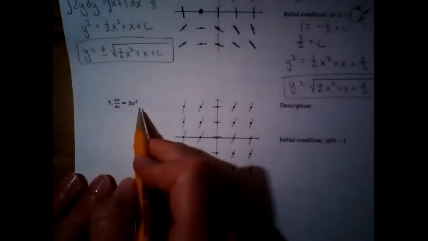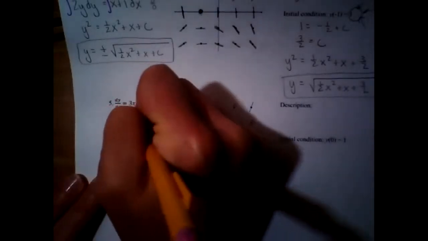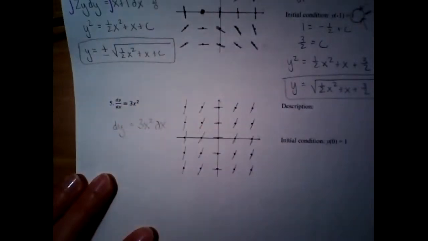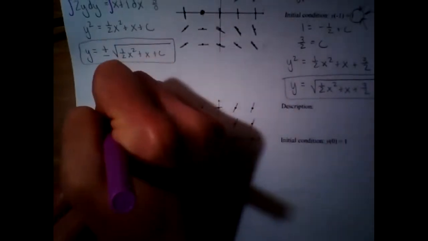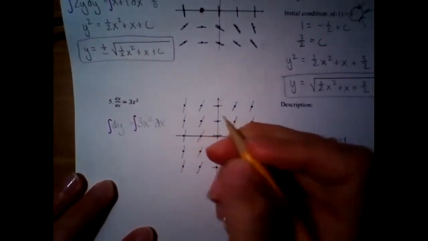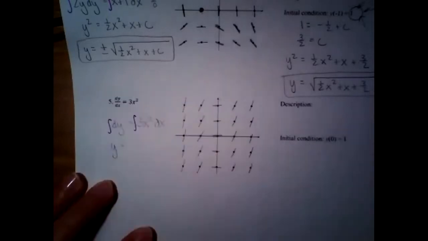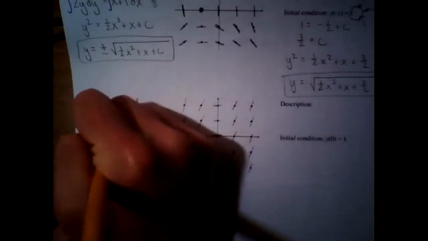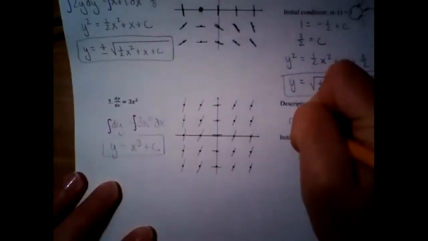All right, since there is only an x, all we have to do is multiply over the dx. And so this left side's just going to be y equals. And so this antiderivative would be x cubed plus c. So yeah, they're going to be cubic graphs.